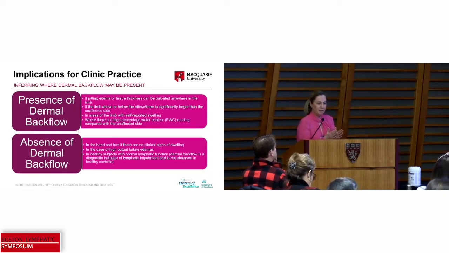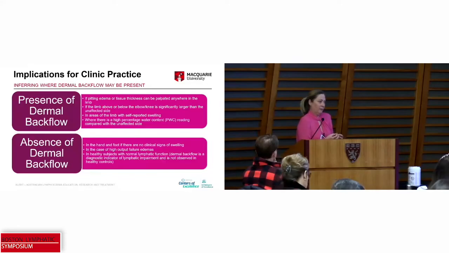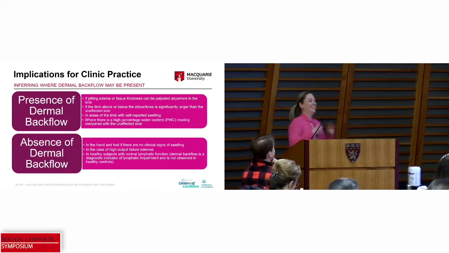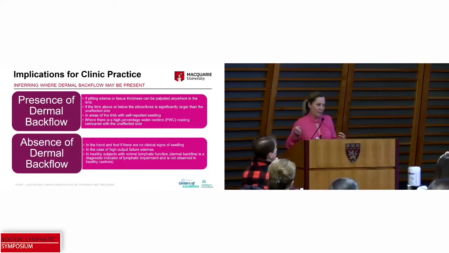Okay, so these are our cancer-related legs where we know they've had impairment to the lymphatic vessels, and in our arms. I always struggle to articulate this one. So if they're pitting anywhere in the limb, it's likely to be there.